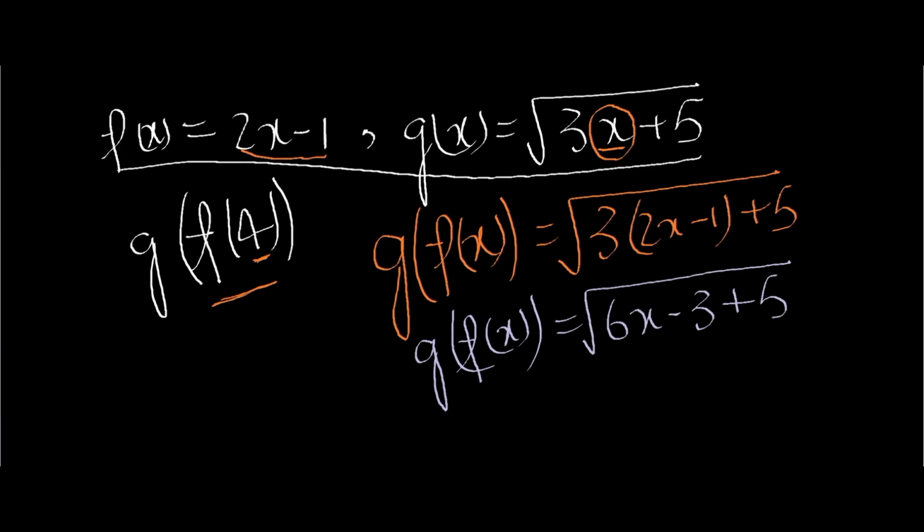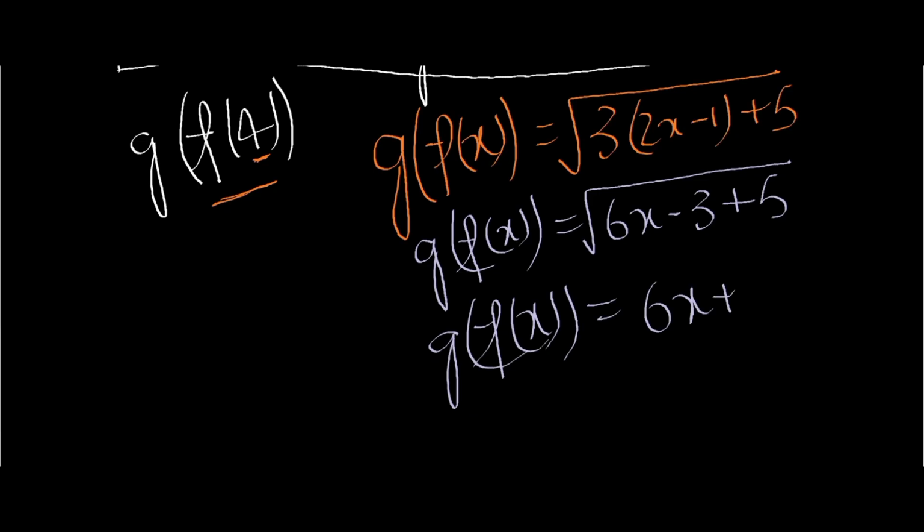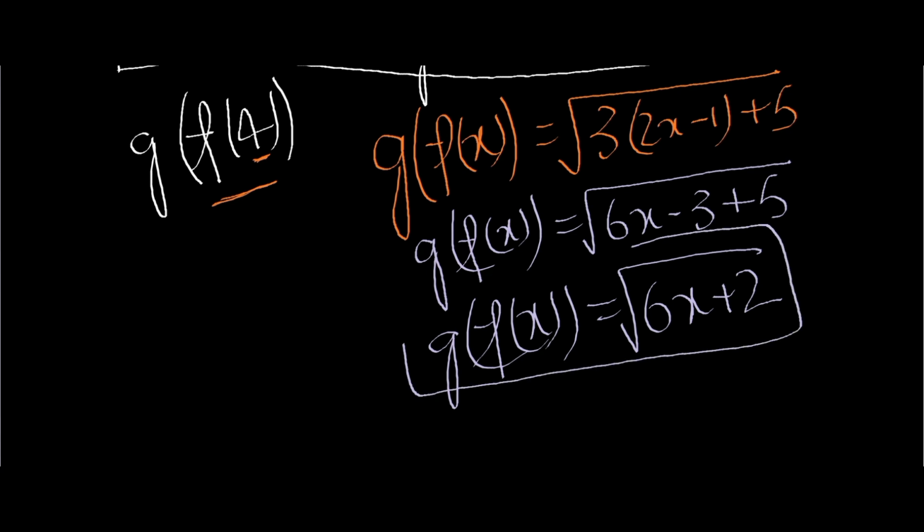So now g f of x equals the under root of 6x minus 3 plus 5, which equals 6x plus 2. I again forgot the under root, but you should not forget this. Now I have built this composite function, g of f of x.